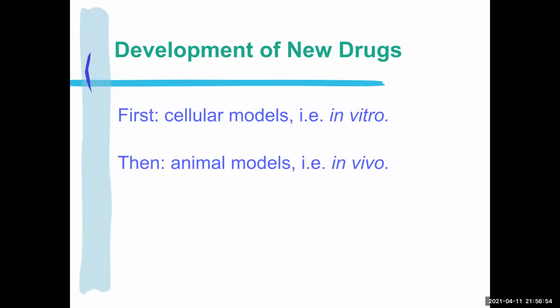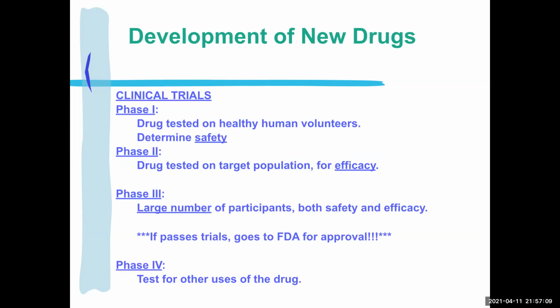When we're developing new drugs, we try to start with cell models, so cell lines, that's considered in vitro. And then in actual animal models, while still in a lab, that's in vivo, in the whole organism and whole creature. And then if we're talking about, let's say, a vaccine, it's 2021, or any other new drug.